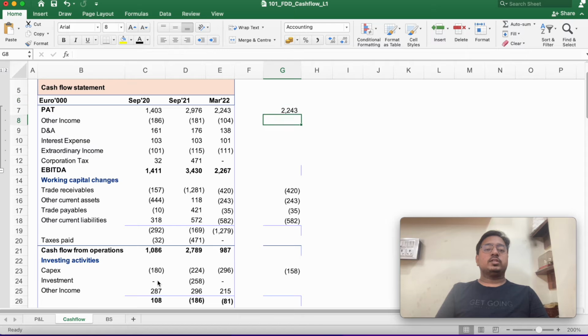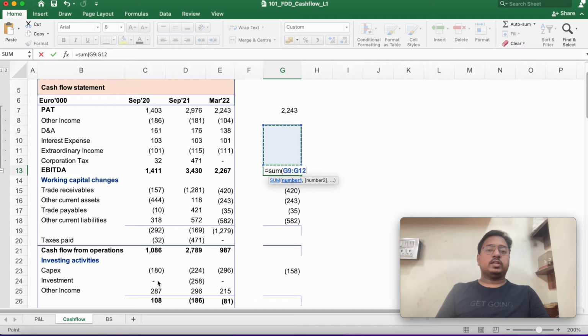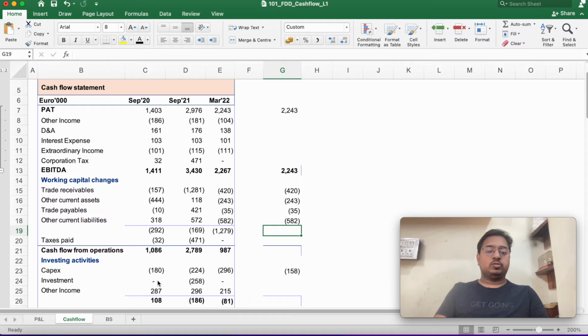Now what I'm doing is totaling the formulas so that we put a check at the top and ensure that our cash flow is matching at all points.